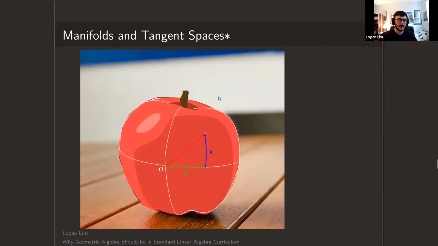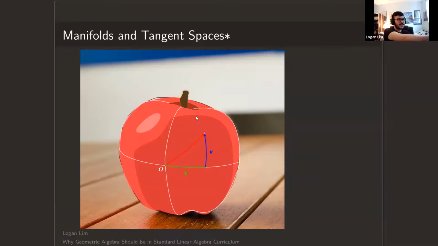So I want to talk about manifolds. Look at this, the surface of an apple, say. We can look at every point on the surface of this apple with a parameterization. That's what I mean by these wrapping UV vectors. And so you can imagine that we want the tangent space on this surface. So what's a tangent space? We have a bunch of tangent vectors, right?